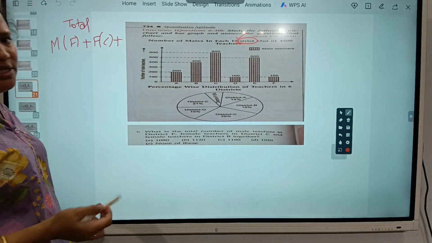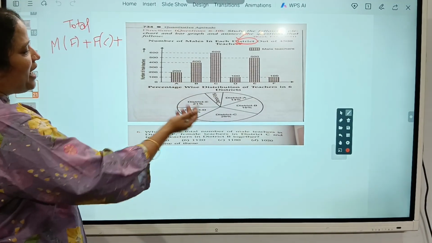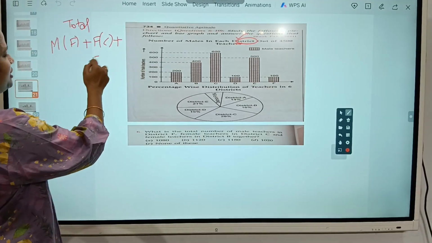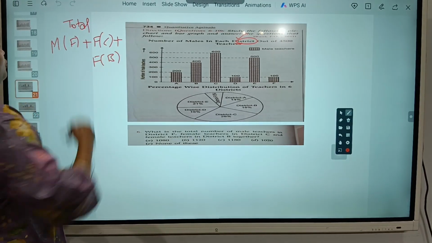It won't make much difference, whether you take district or school, however we are calculating the values, so no problem here. Plus female teachers in district C, plus female teachers in district B.